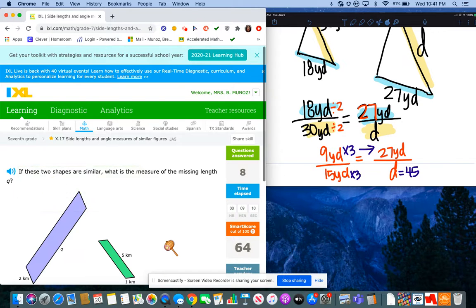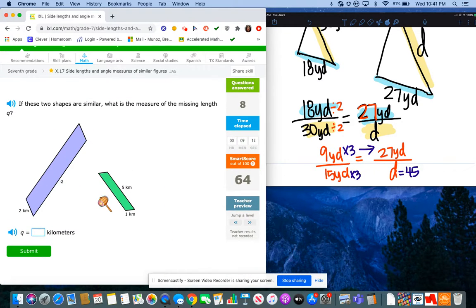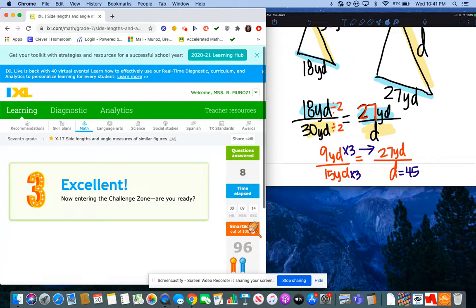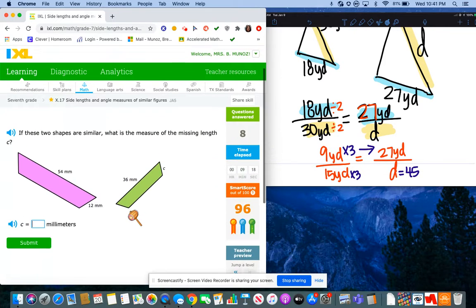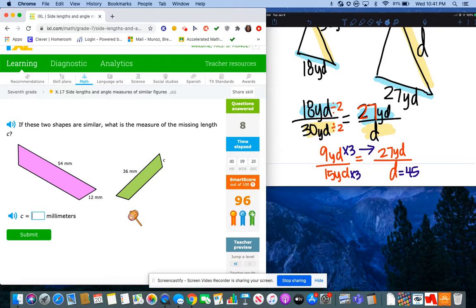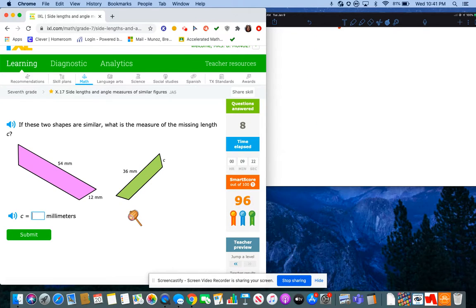There you go. I don't know if I can jump a level because this is about the same. Let's see how much it increases. This will be your challenge zone, right? And then there are two trapezoids here. I'm going to just sketch them here real quick. I have this, and then something like this, right?